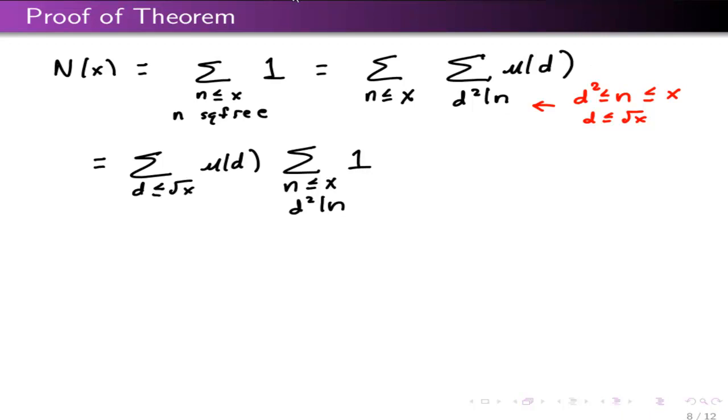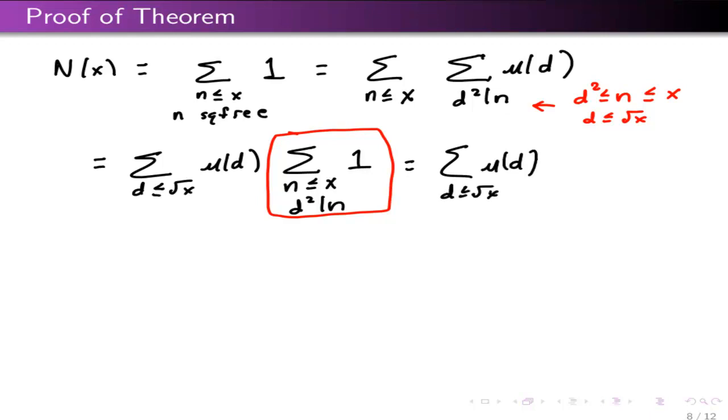So what is this inner sum? We're simply counting how many integers there are from 1 to x that are divisible by d squared. Well, we know what that equals. That's just the floor of x over d squared, the number of integers from 1 to x divisible by d squared.